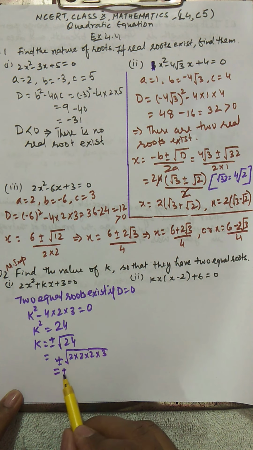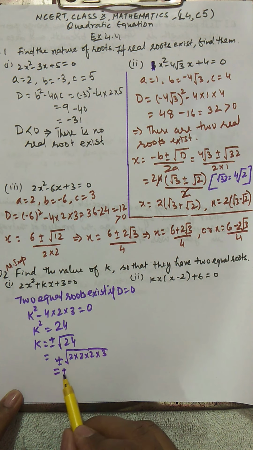Now question number 3, this is the word problem. Is it possible to design a rectangular mango grove whose length is twice its breadth and area is 800 meters square? If so, find length and breadth. Okay, so they are talking about this garden, which is in the form of a rectangle.